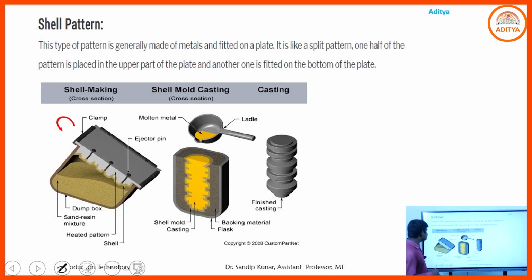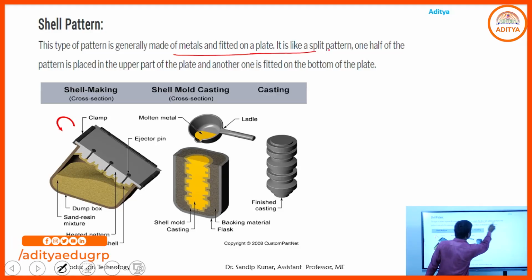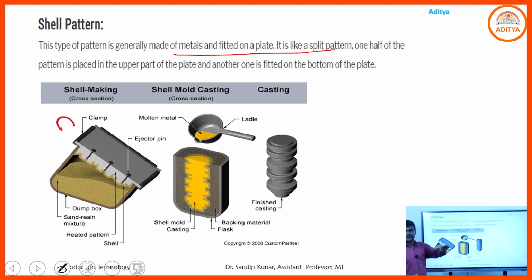Another is the shell pattern. This pattern is generally made of metal and fitted on a plate like a split pattern. One half of the pattern is placed on the upper part, the cope, and the lower half is kept on the drag, the lower portion of the molding box.